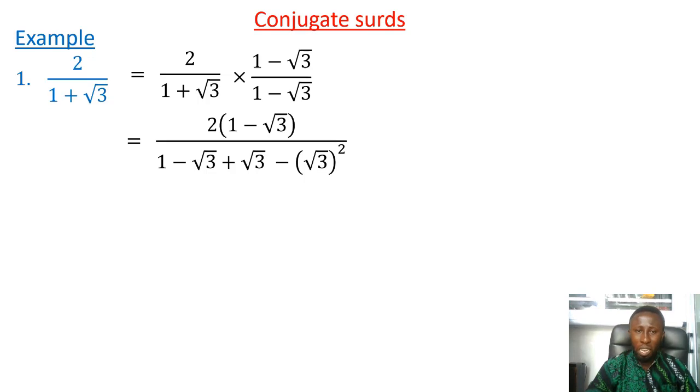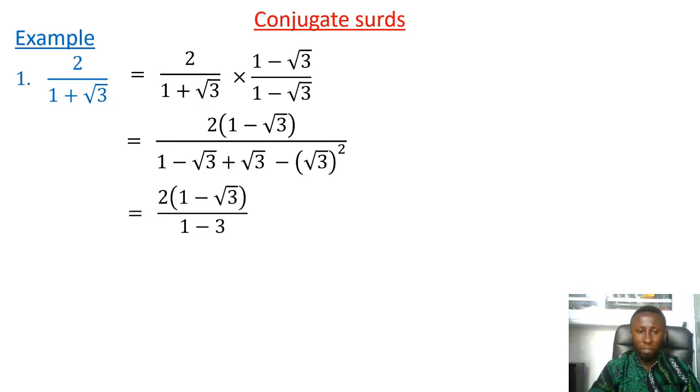Always with taking the conjugate of a surd, the denominator is a difference of two squares. So if you multiply it, this is what you get. Your answer is 2 times 1 minus root 3 out of 1 minus 3, because the negative root 3 plus root 3 will go to 0. That's why we always say that it's a difference of two squares.